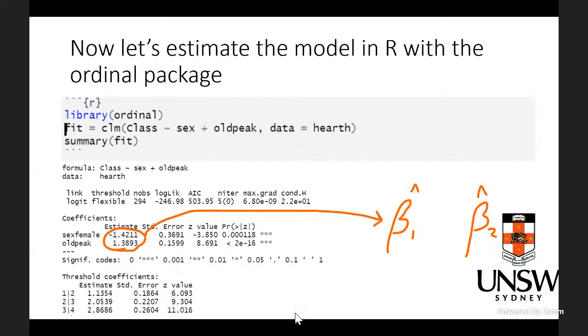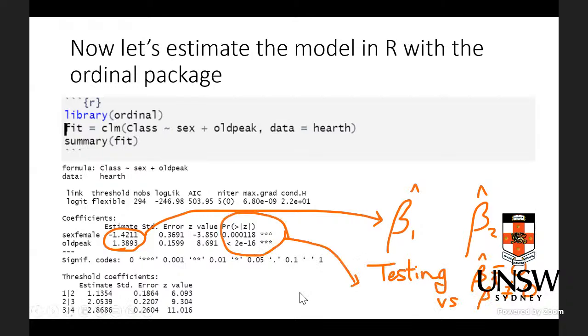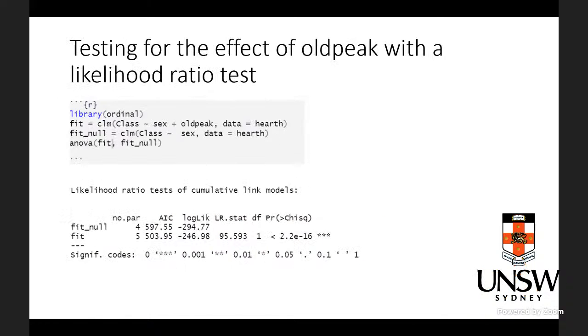I've also got p-values, so that's just testing whether these coefficients are different to 0, and that's doing a Wald test. So if you've got a smaller data set, these Wald tests are known to be quite approximate, and they can be quite off.